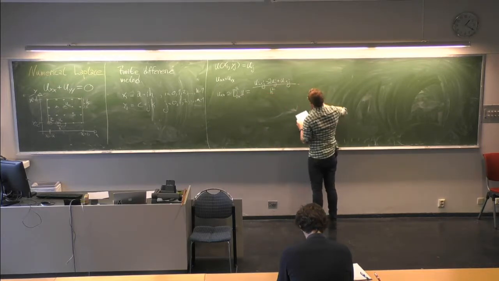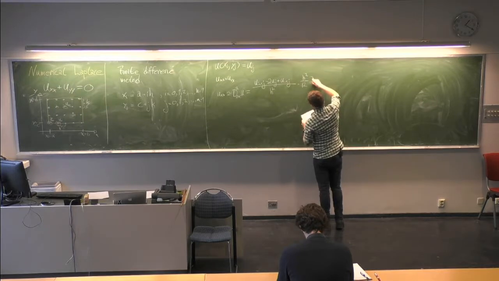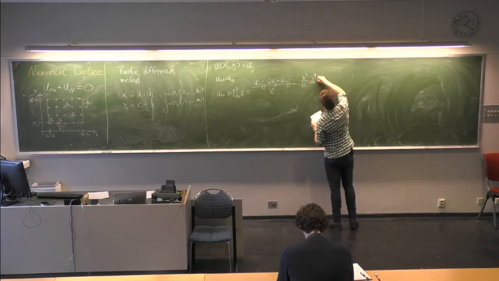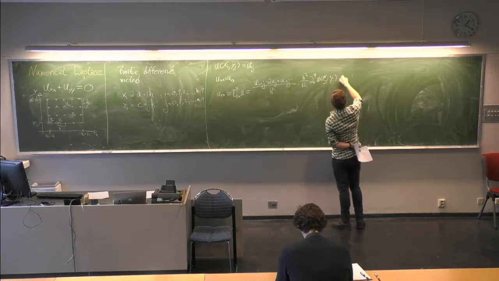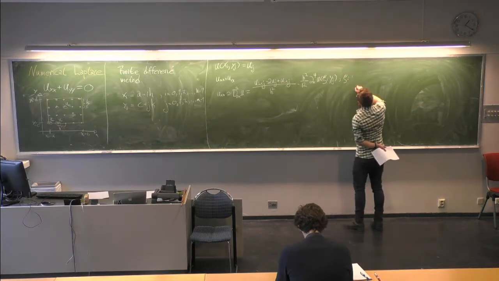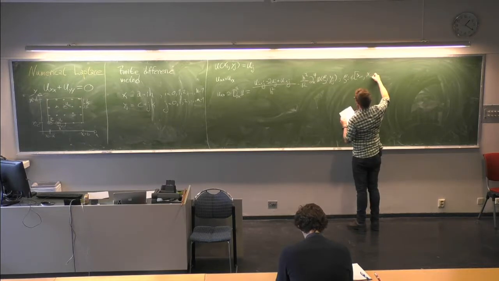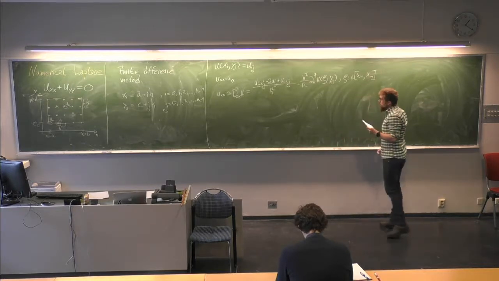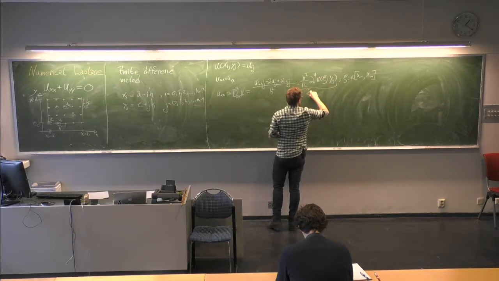And then again here we get an error term, h squared over 12 times d^4u/dx^4 at some xi, yj, where xi is somewhere between x_i-1 and x_i+1. That is the error term, like so.